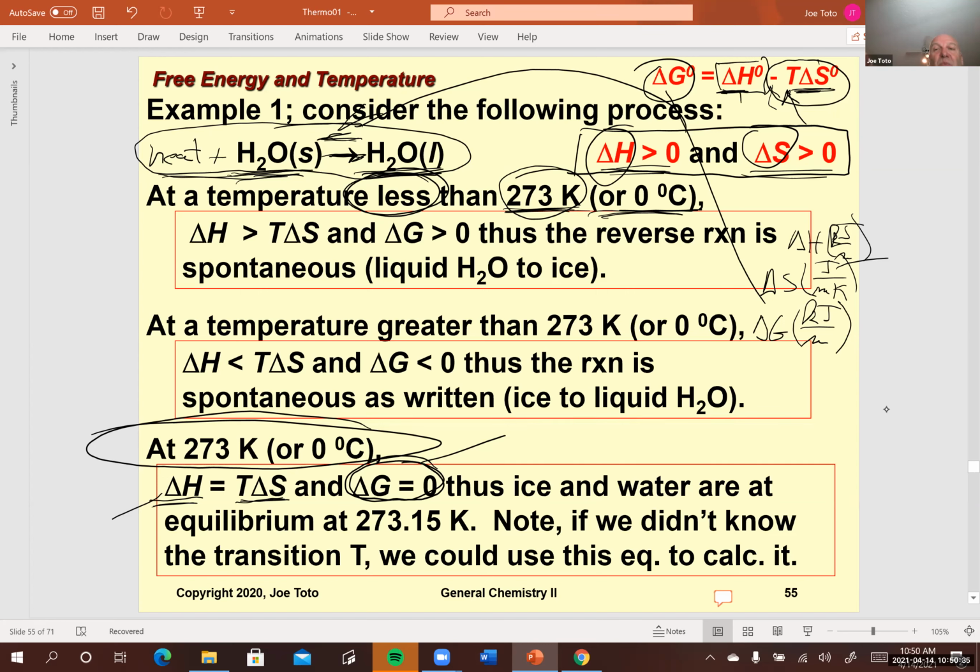So this wins out, the positivity of the delta H wins out, makes delta G positive, and temperatures lower than 0 degrees make the opposite reaction spontaneous. And we do get a net amount of liquid water to freeze and form solids. Does that make sense?